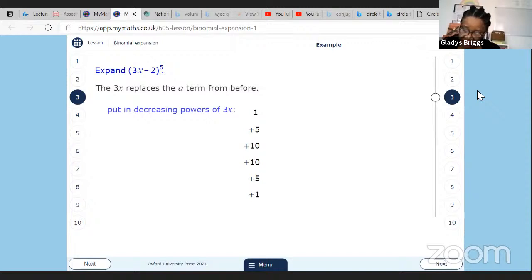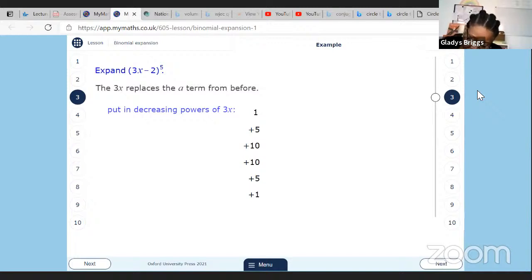Okay, so then you would have 3x to the power of 1, 5x to the power of 2, 10x to the power of 3. I did that wrong.